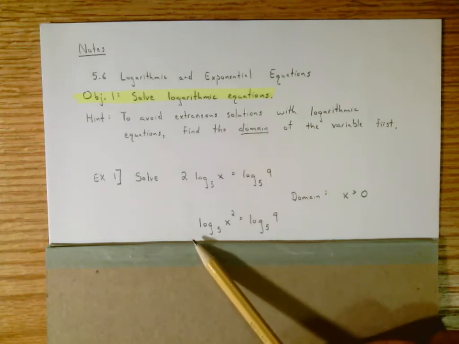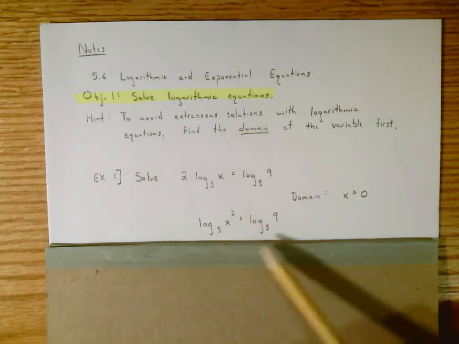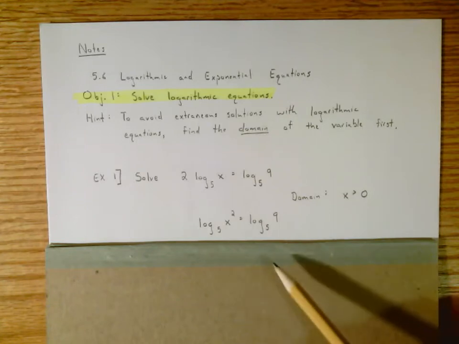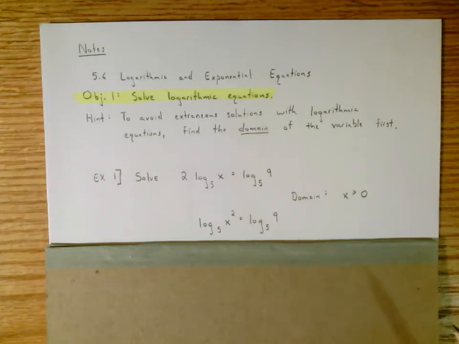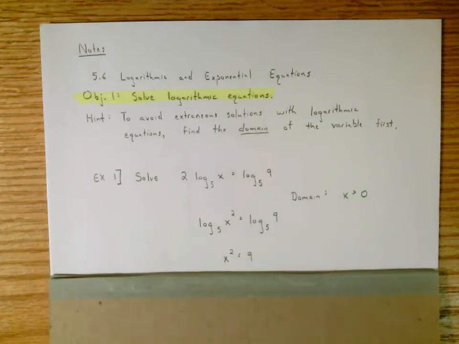You can see I've rewritten that coefficient 2 as an exponent on the argument. So now I have 2 equal logarithms with equal bases. And because logarithmic functions are one-to-one, we know that if we have 2 equal logarithms with equal bases, then those logarithms have to have equal arguments. So my next step can just be to set the 2 arguments equal to one another.